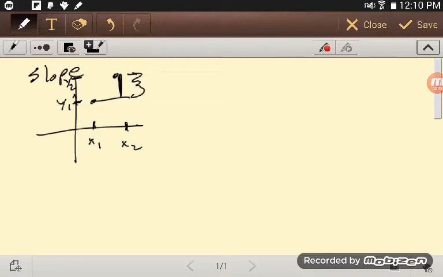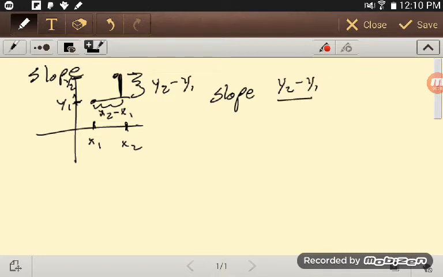And that change we get by looking on the y-axis, and we see y2 minus y1. And this change, we look here on the x-axis, and we see that change would be x2 minus x1, according to this. And so we want to look at that ratio, and we call it slope. That ratio is y2 minus y1 over x2 minus x1.